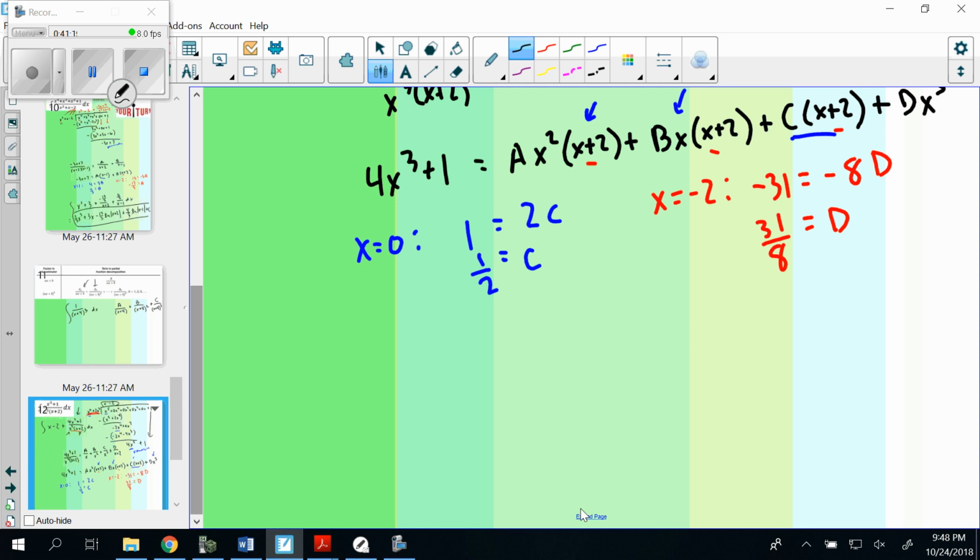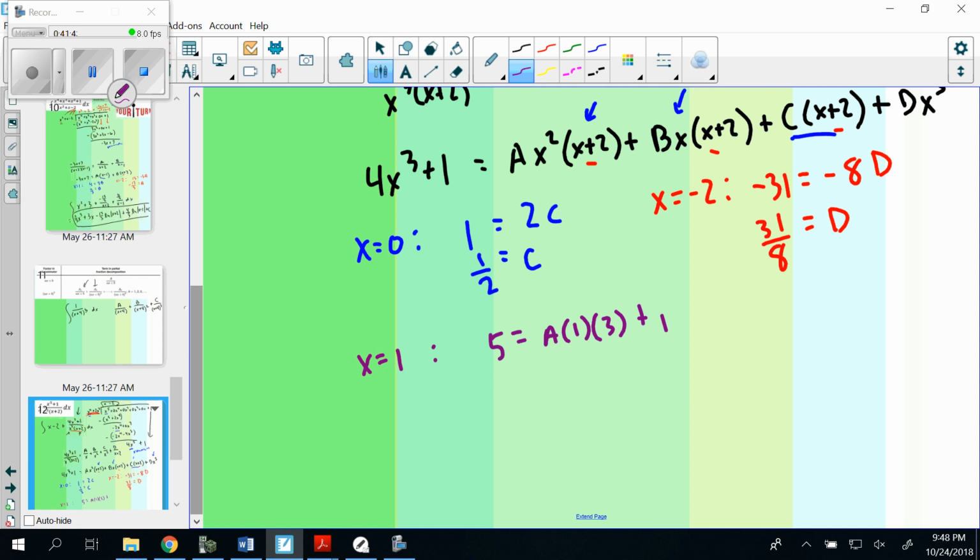For example, an easy number that we could plug into all these, it won't eliminate anything, but like 1. 1 would be an easy number we could just plug in there and get some equations out. So if we plugged 1 in, the right side is going to be 5. The left side, we would have A times 1 times 3.